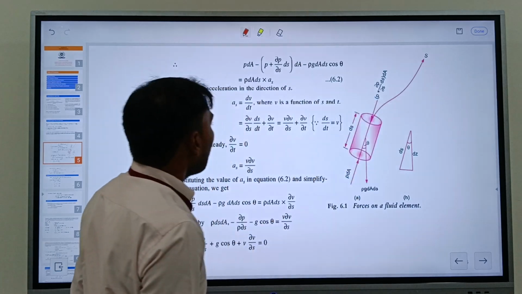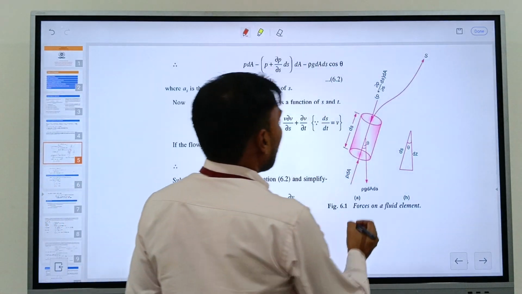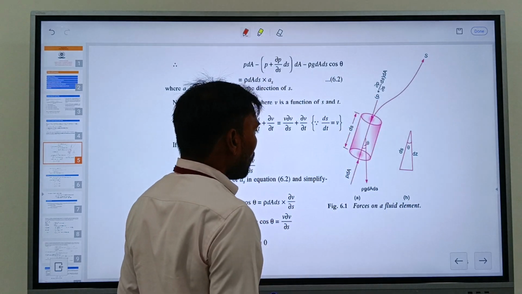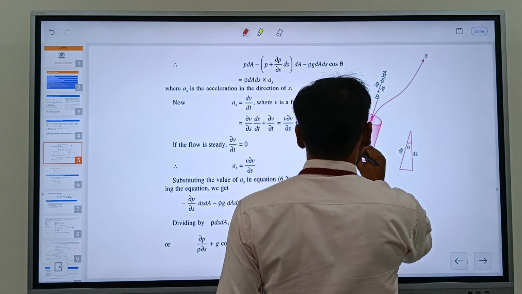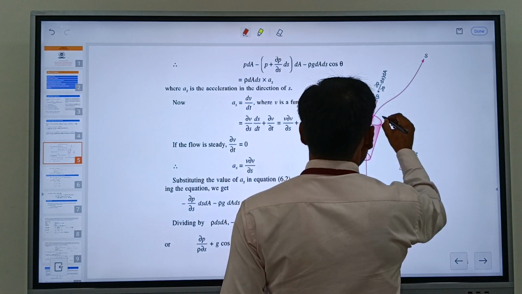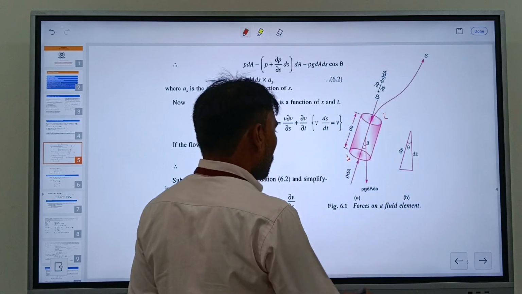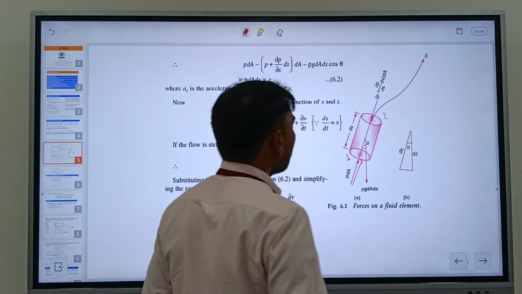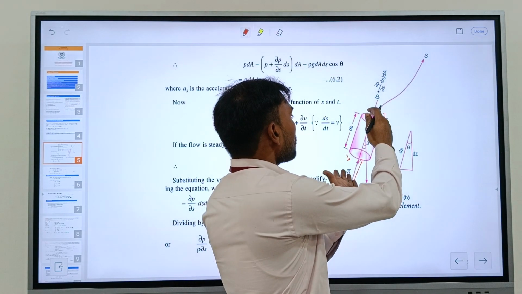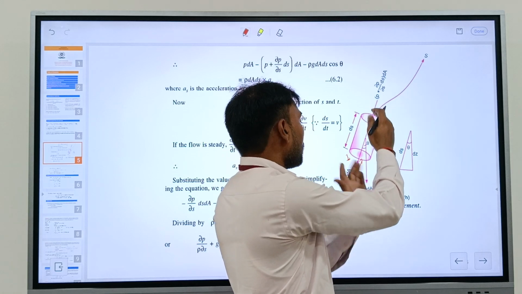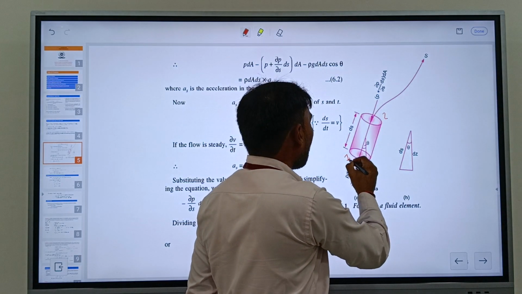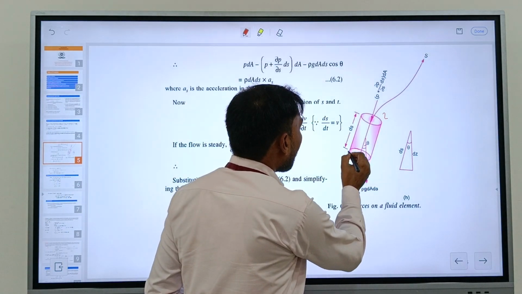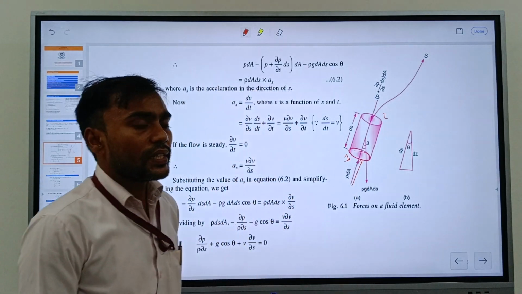Now we have to derive Euler's equation of motion. Consider a fluid element of length dx, cylindrical in shape, with two faces: the first face and the second face. Suppose the flow of fluid is in this direction as shown in the figure. Then there will be forces acting at these two faces. The force acting at the first face will be p into dA, where dA is the cross-sectional area and p is the intensity of pressure.